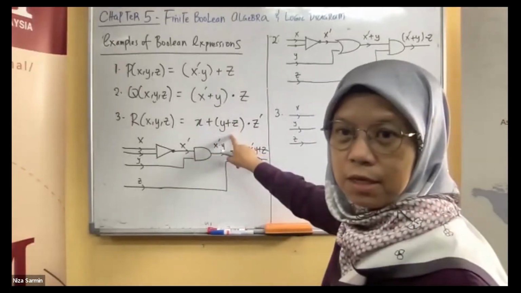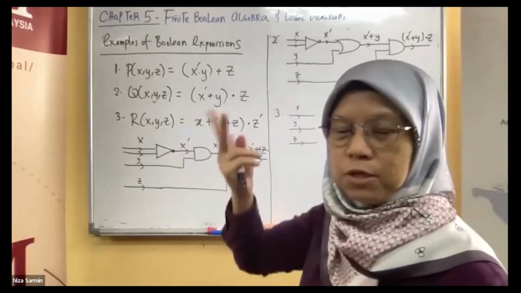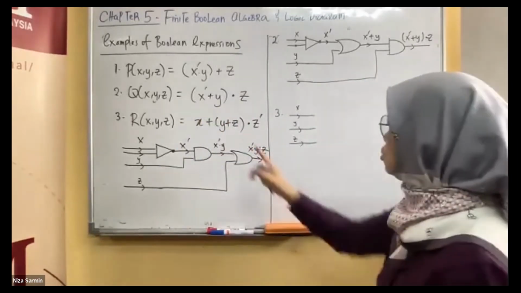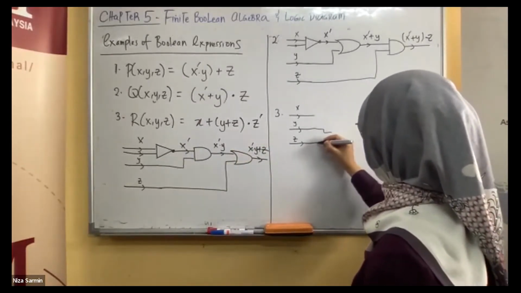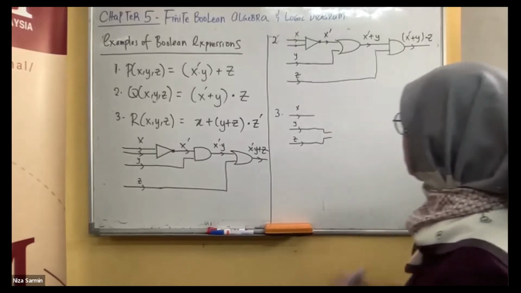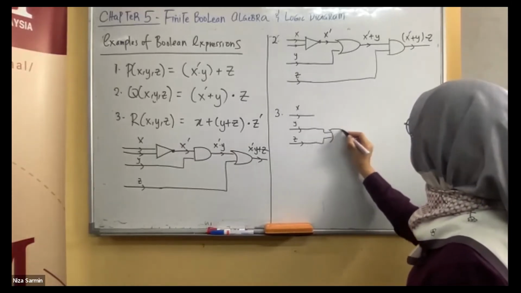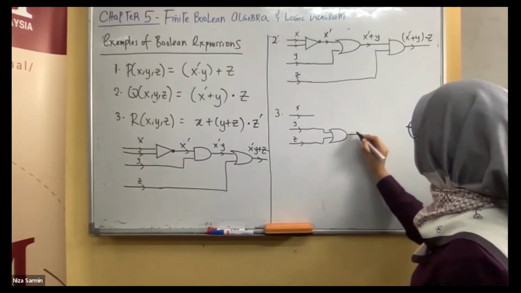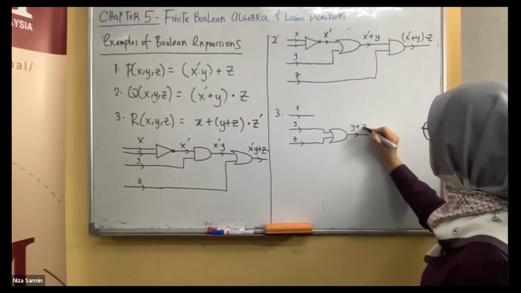Y plus z. Because it's actually commutative also. X plus y is y plus x. So you will do y plus z first. So make it closer. Plus, right? So this is y plus z.